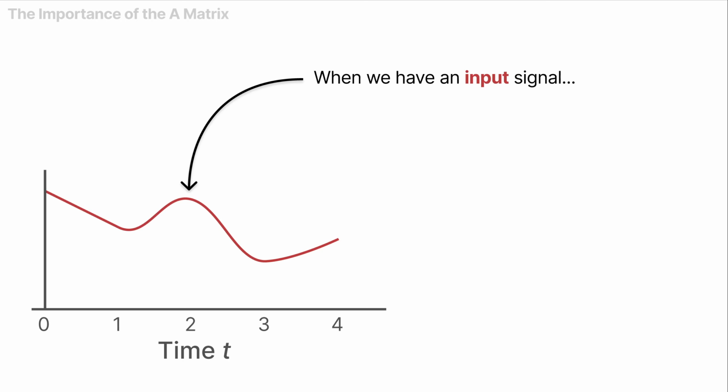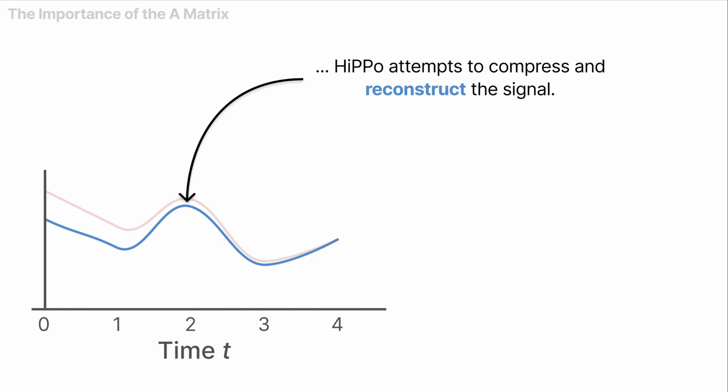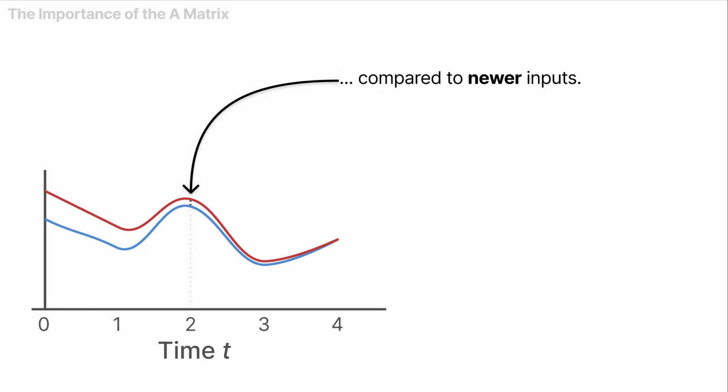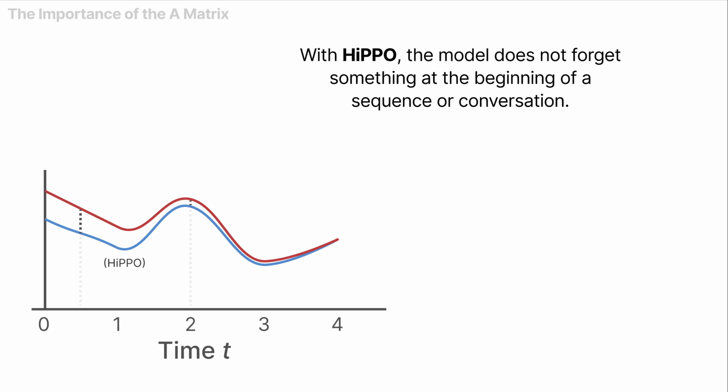When we have an input signal, HIPPO attempts to compress and reconstruct the signal. It makes sure that older inputs have a large degradation compared to newer inputs. With HIPPO, the model does not forget something at the beginning of a sequence or conversation.